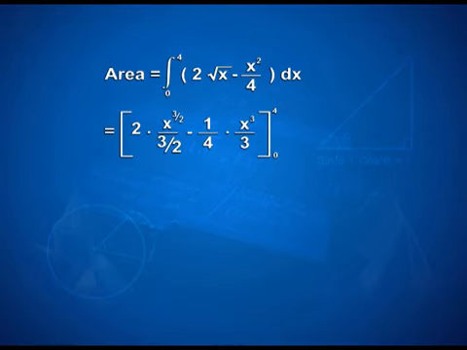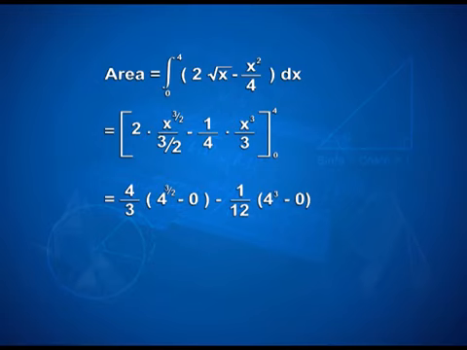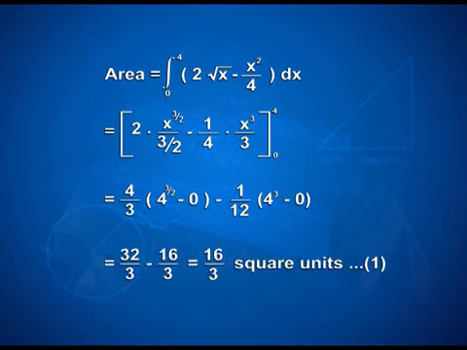On applying the limits, we have 4/3 into 4^(3/2) − 0 − 1/12 into (4³ − 0). That gives 32/3 − 16/3, and we get 16/3 square units as the required area.